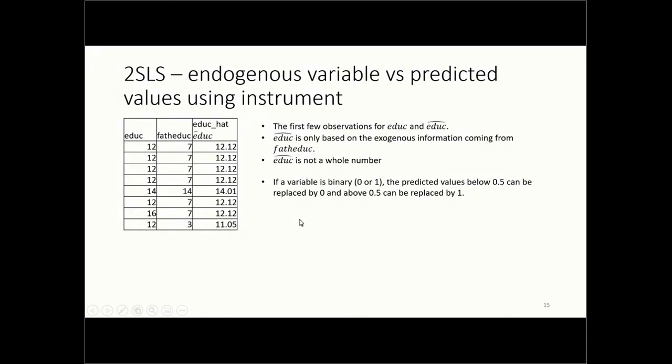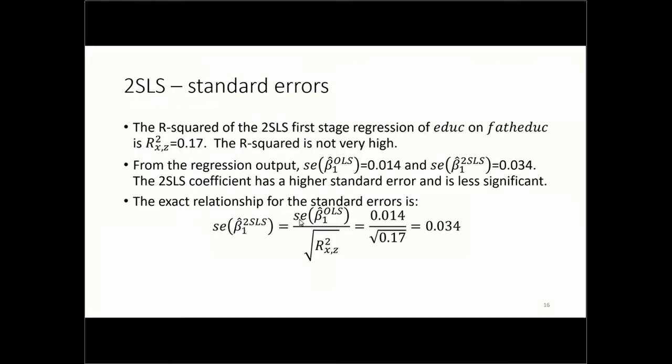Now let's talk a little bit more about the standard errors. So I showed you 2 slides prior that the R squared of the first stage, when we had the regression of education on father's education, was 0.17. So this R squared is not very high in general.